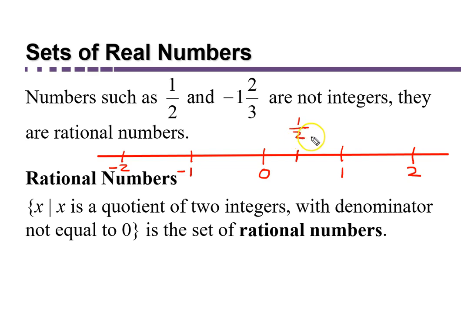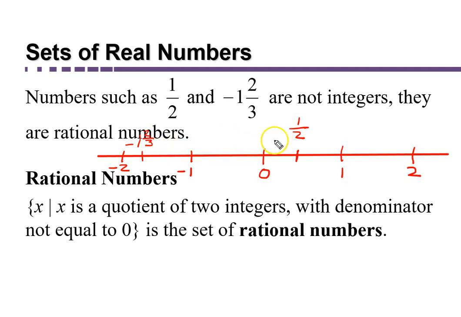But what is it? Well, we call a subdivision of numbers between integers fractions. So we can show the fraction 1/2 on the number line, and then a -1 2/3 would be about there, a -1 2/3.